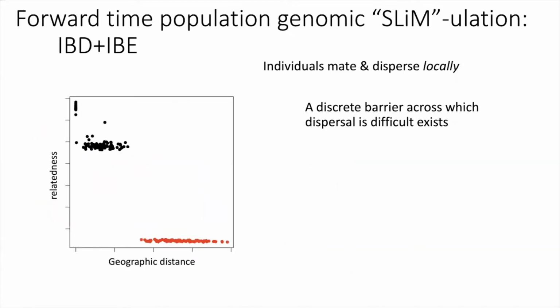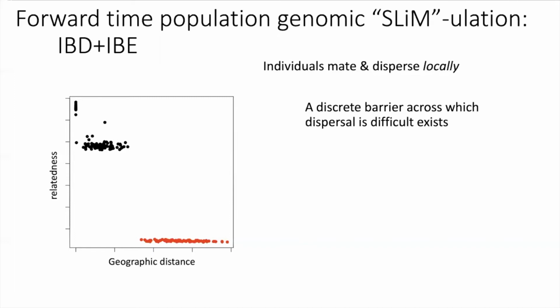And so in this example, I created a really, really strong geographic barrier there. So when we look at relatedness across space, we can compare individuals on the same side of the barrier, that's represented by black dots, on opposite sides of the barrier, that's represented by red dots.